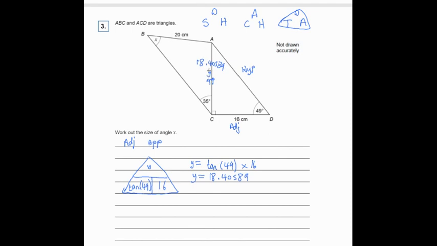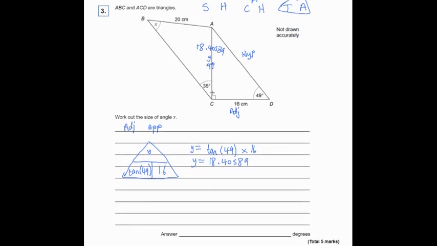Okay, now I've got this second triangle, which is not a right angle triangle, so I can't just use SOHCAHTOA. I've got to use something different. I'm actually going to use the sine rule for this. Okay, so when you have a side length and an angle opposite, or you have a pair of those things, we can use the sine rule.